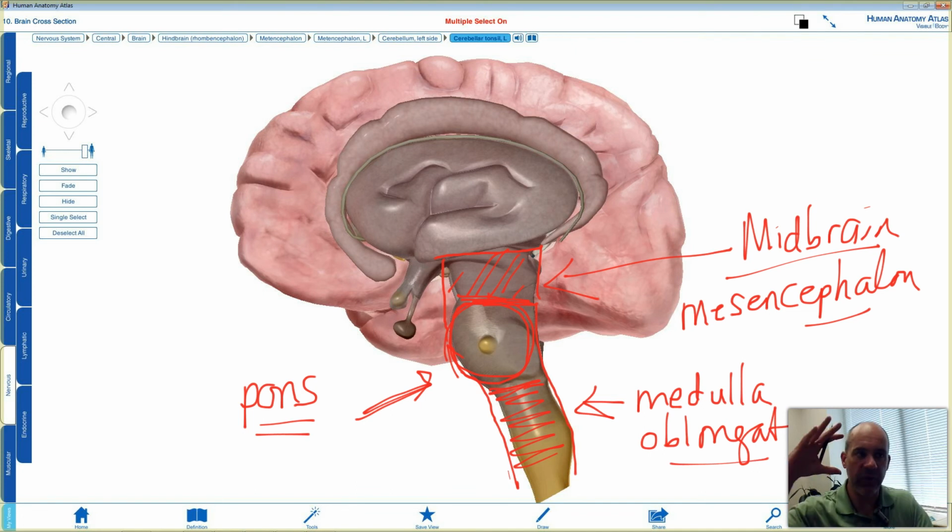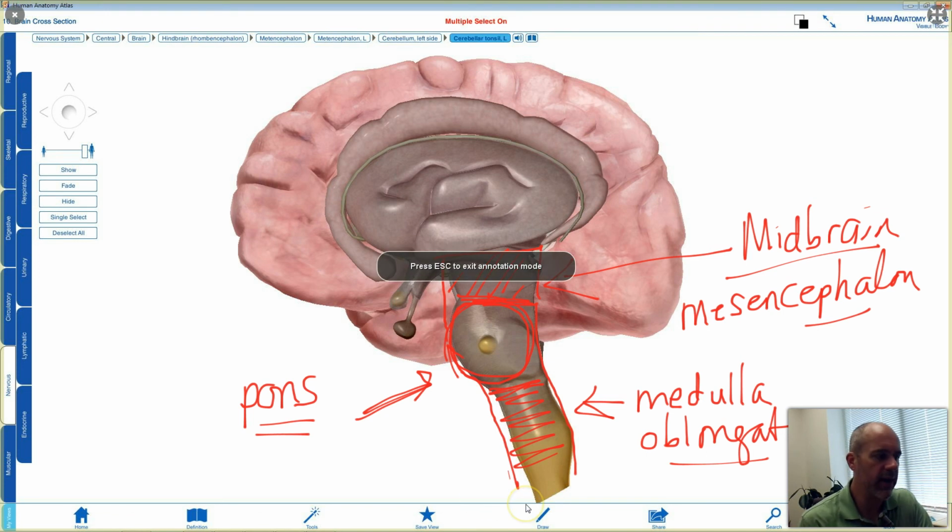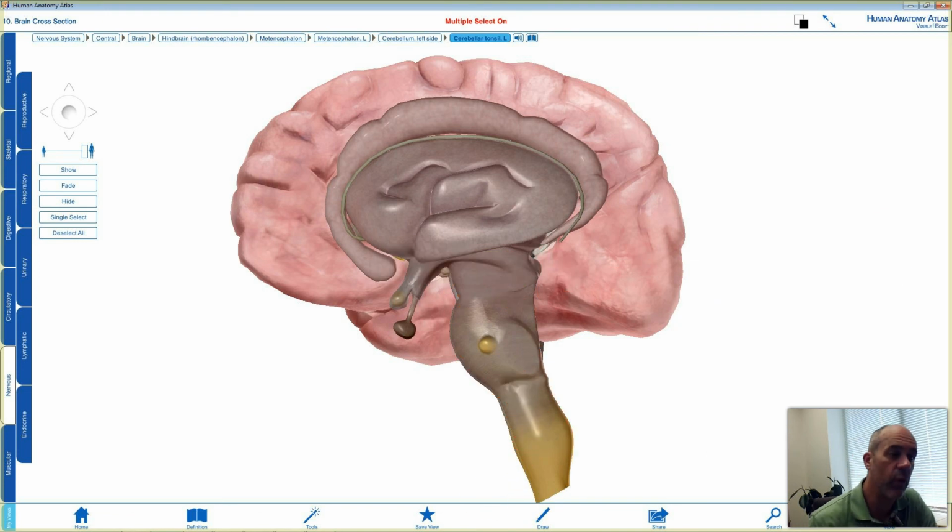So the midbrain is the most superior portion. The pons is in the center. The medulla oblongata is in the lower area. That's not too hard. The pons is pretty easy to find because it has that swollen area. The pons is fatter and sticks out.